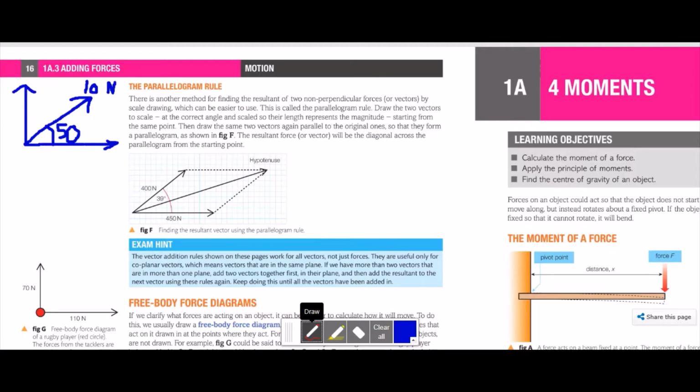So the horizontal component of this force will be 10 cos 50. This is very similar to finding the length of a side. If you remember from your math class, suppose you are given a triangle with a missing side and you are asked to use sine, cosine, and tangent to find the missing length.